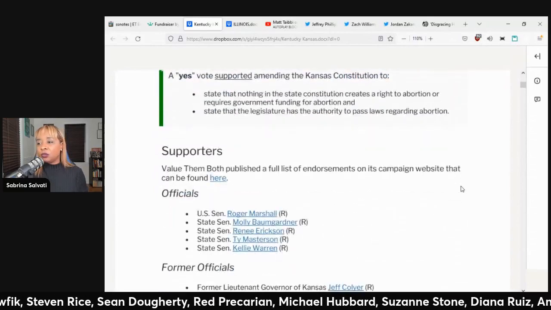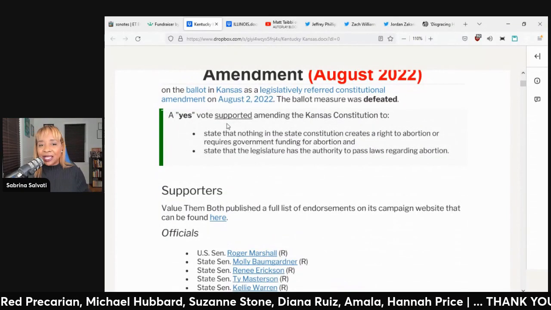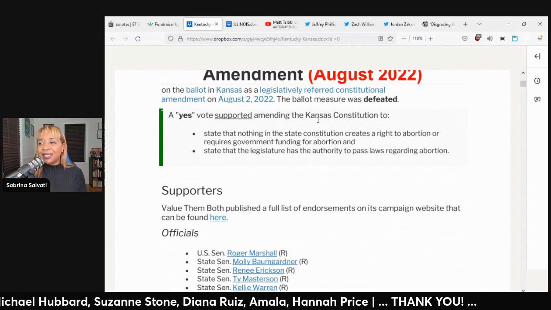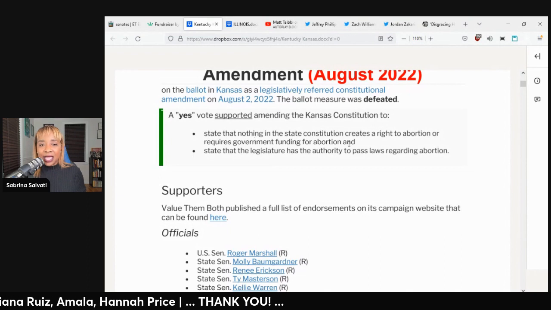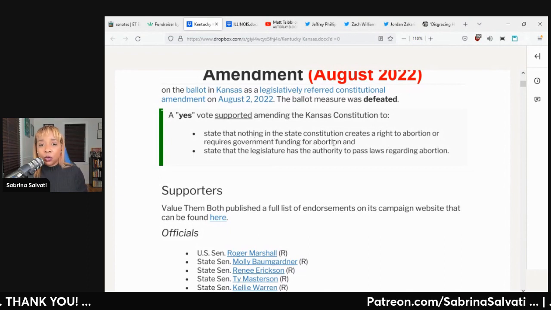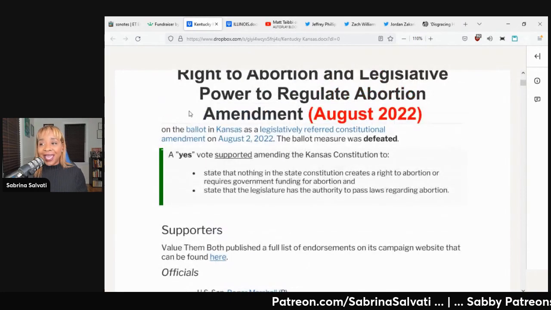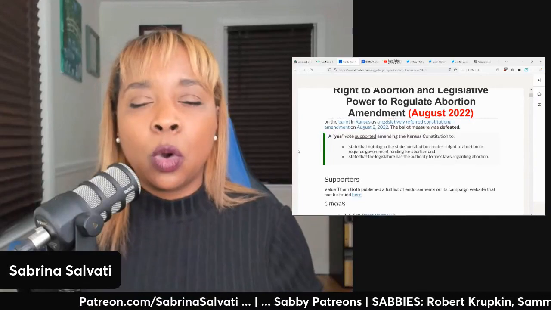These can be tricky if you don't read into them. What you have to pay attention to here is that a yes vote supported amending the Kansas Constitution to state that nothing in the state constitution creates a right to abortion or requires government funding for abortion. So a yes vote for this measure actually would be bad if you are pro-choice.